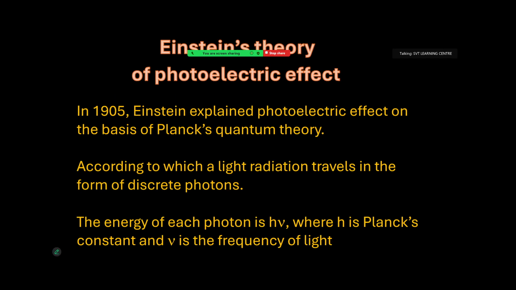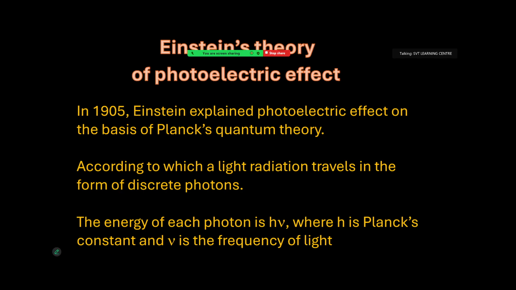Now, all these contradictions that existed, Einstein gave a suitable explanation for. In 1905, Einstein explained the photoelectric effect on the basis of Planck's quantum theory, according to which light radiation travels in the form of discrete photons.